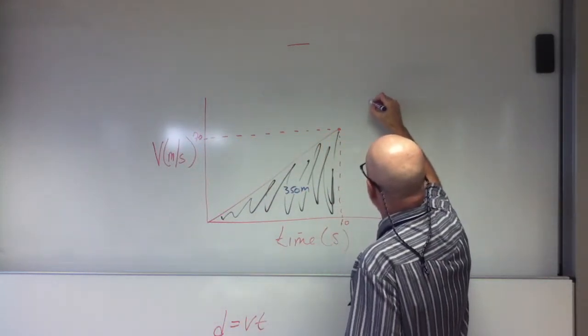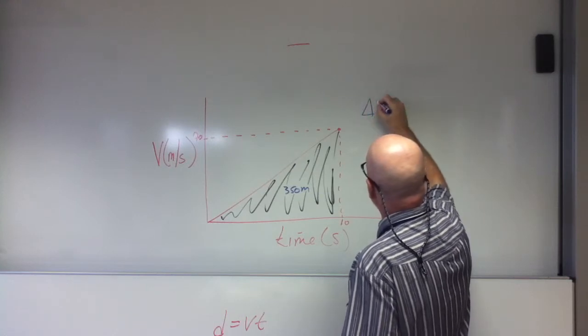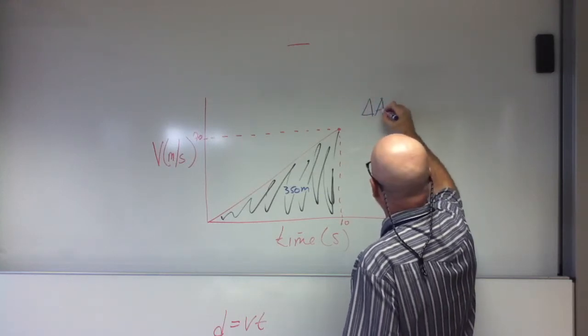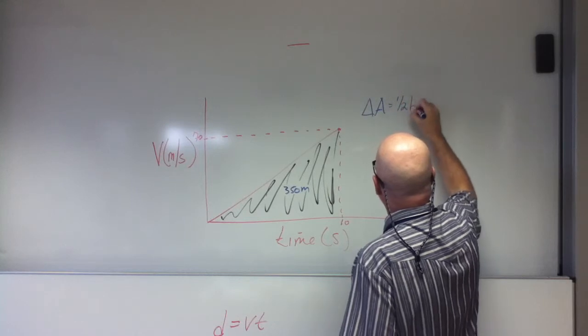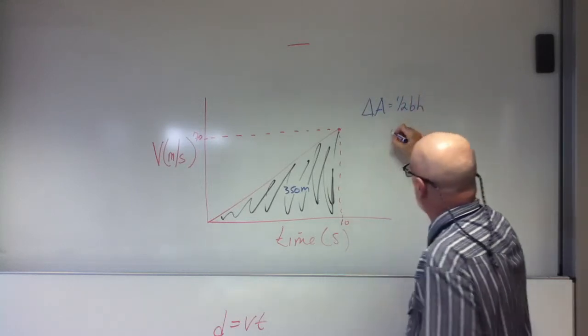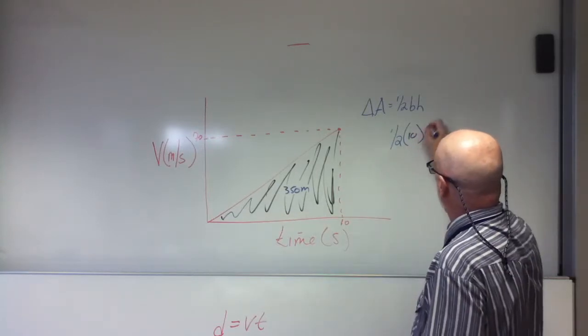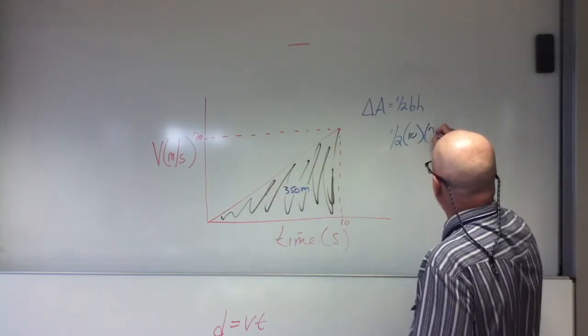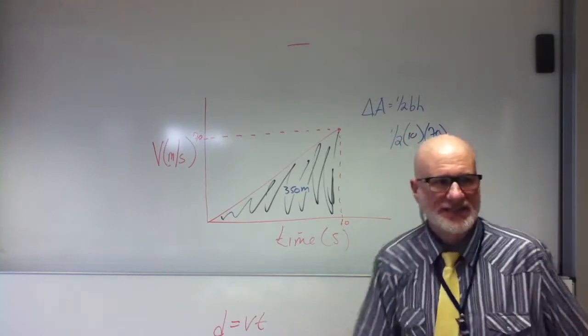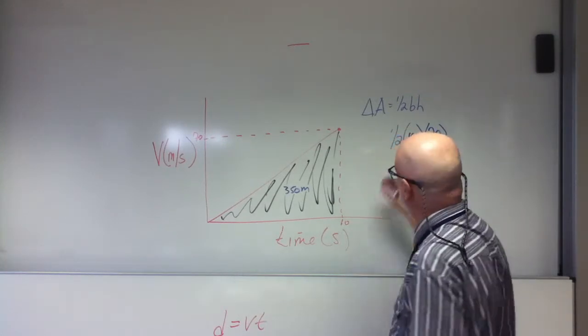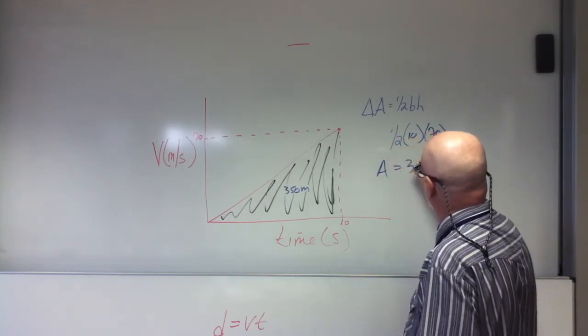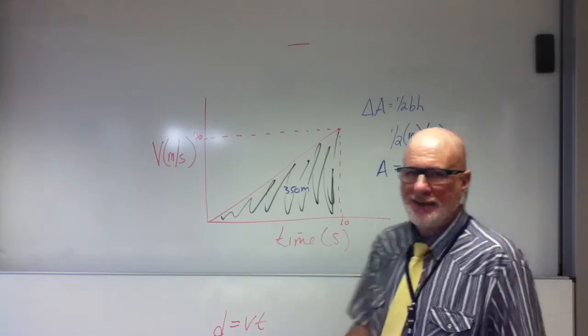It's going to be a triangle, right? The area of a triangle equals 1/2 the base times the height. It's going to be 1/2 of 10, the height is 70. 1/2 of 700 is 350 meters. And I am done.